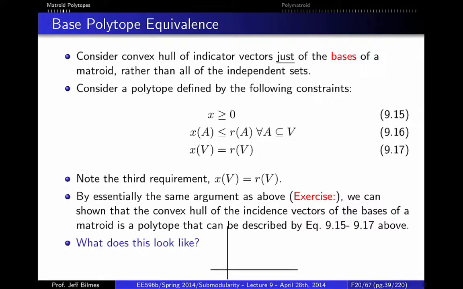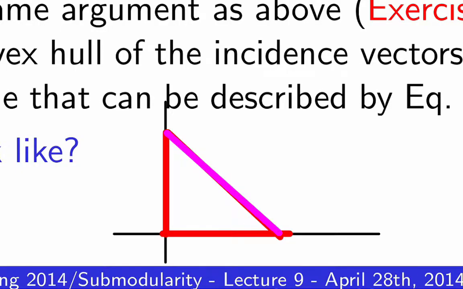So if we define some axes down there, and so let's use this particular matroid, like this one. Then what it would look like would be just this pink part. Right?